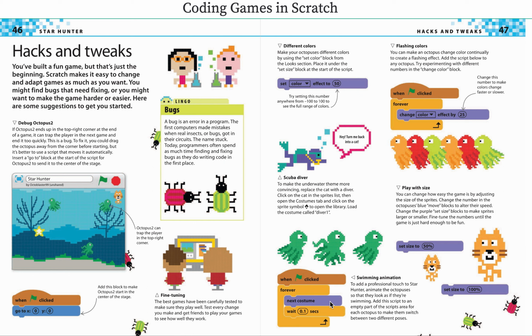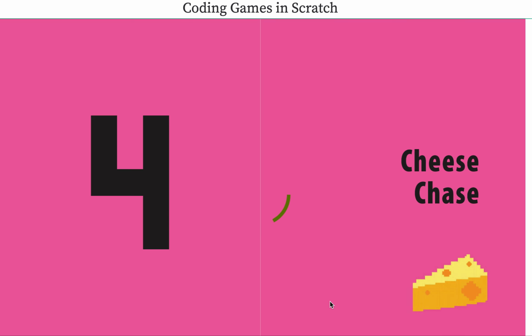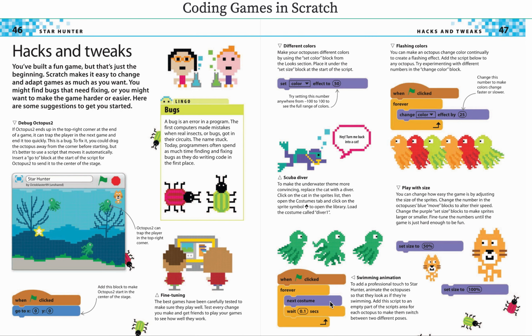And here are some hacks and tweaks that you can make in addition to the things that we have discussed. You can add some bugs, and you can change some colors. You can change the colors by changing the costume, or how it looks. Yeah, and that's it. So that would be one example of how to code the Star Hunter game in Scratch.